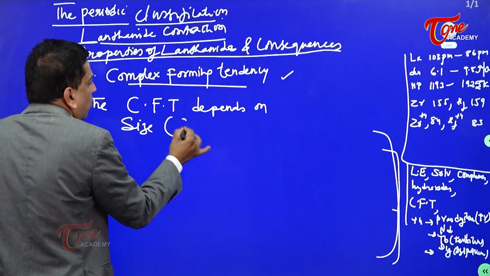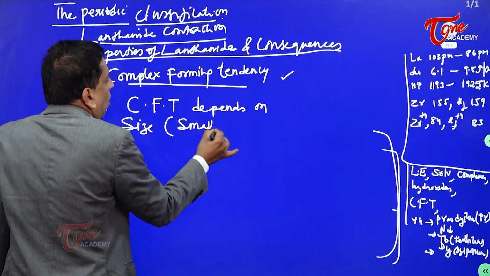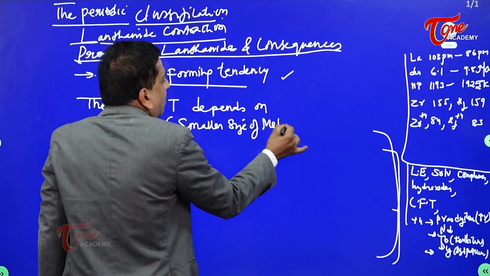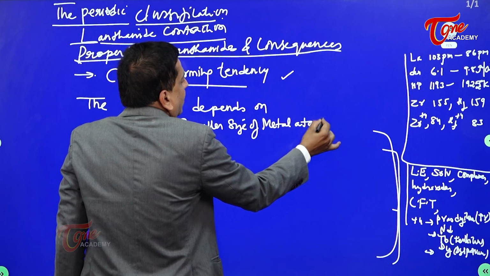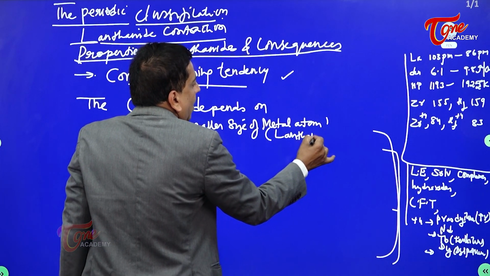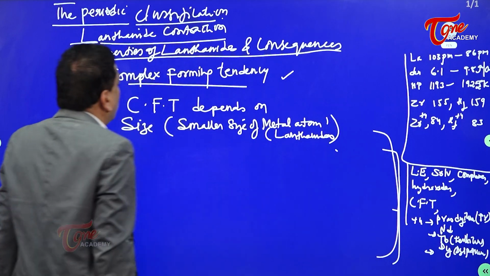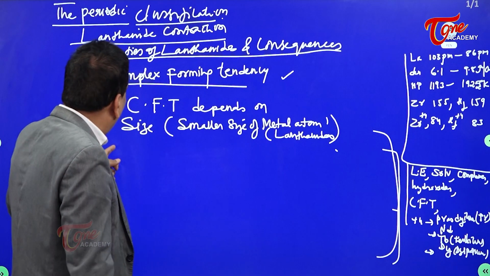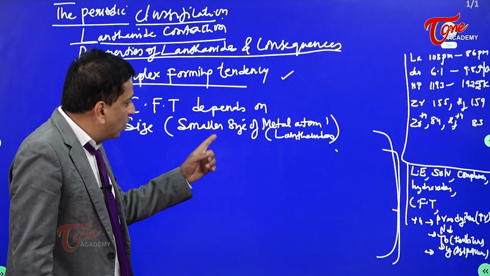And in fact, we want a smaller size of the metal atom. When I say metal atom, I am actually referring to lanthanides. The CFT depends upon the size, and I wanted the smaller size of what?